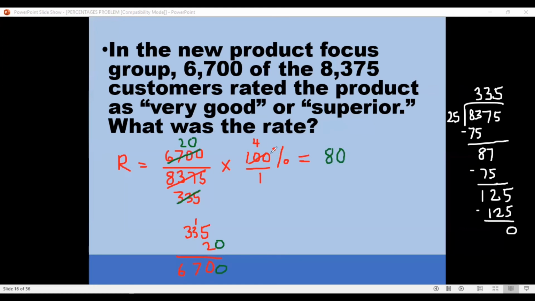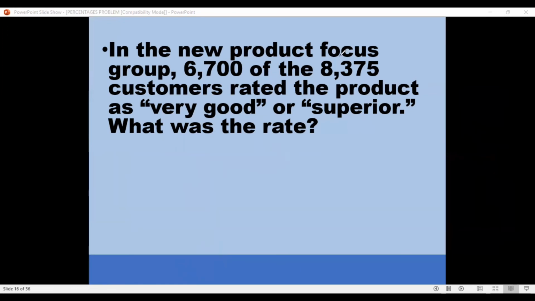So 80, and then of course we are going to copy the percent sign. So 80% is the answer for this. That is now the rate, 80%. So we have right away the percent form. Okay, so that is how you can possibly solve this.